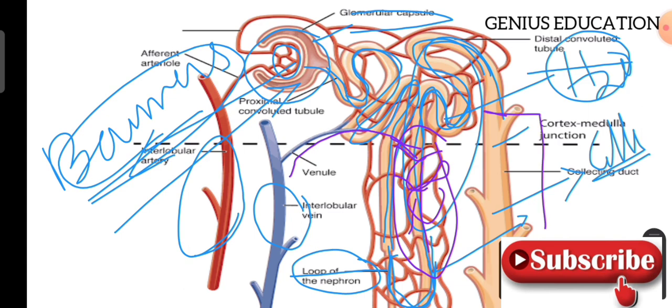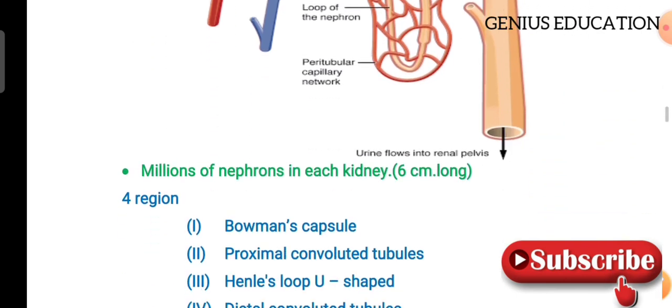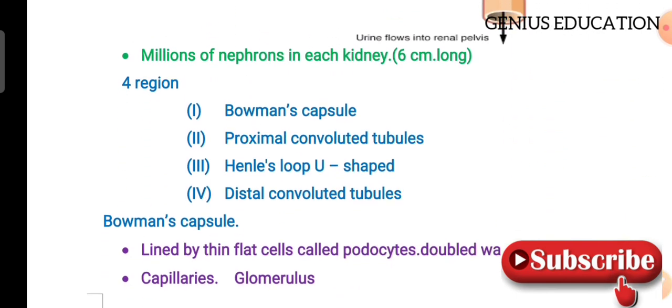This line is known as the collecting duct. After the excretion process, the urine formation is complete and the urine goes downward to the urinary bladder. You can see the drawing very easily.